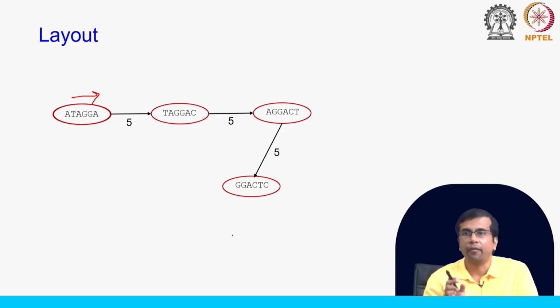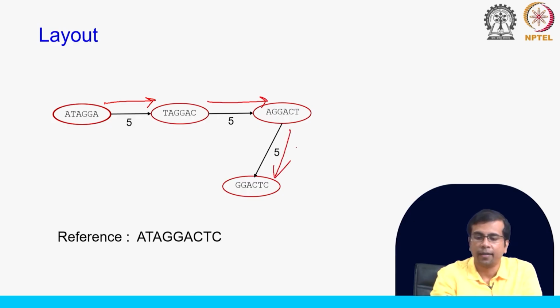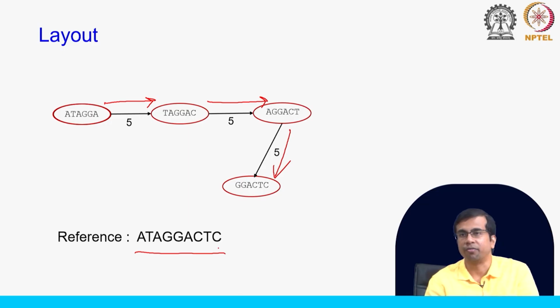So, we are traversing every node exactly once, and we can derive the reference sequence. By just traversing through these nodes and edges, we can find the reference sequence for these 4 reads. Now, we can apply this idea to the full graph.